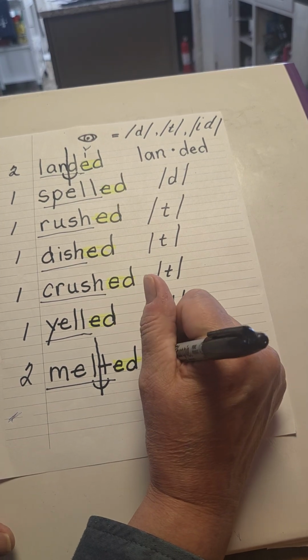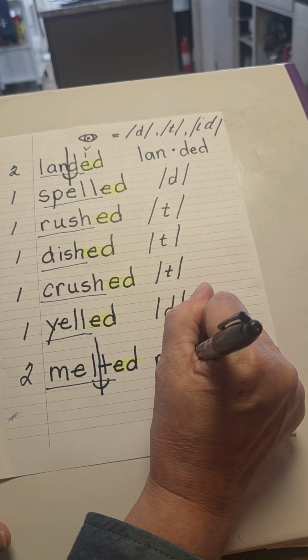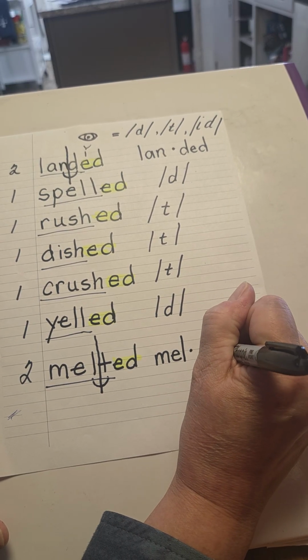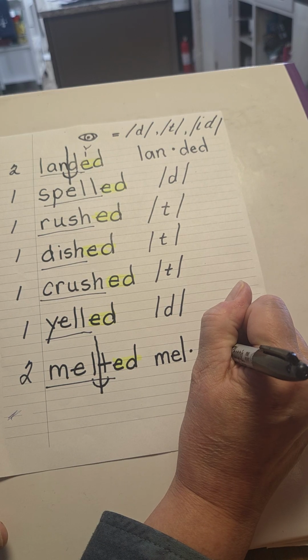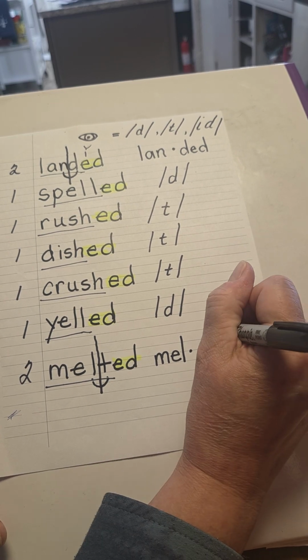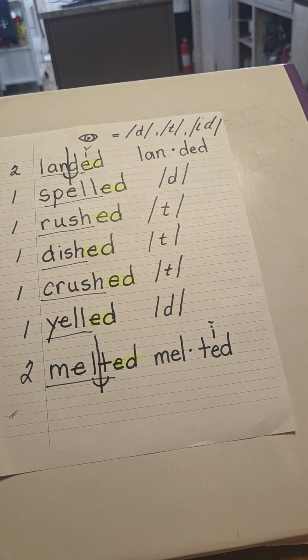So now we have L, T. The TED goes over here, but it has that I sound. Tid. Yes. So it's tricky.